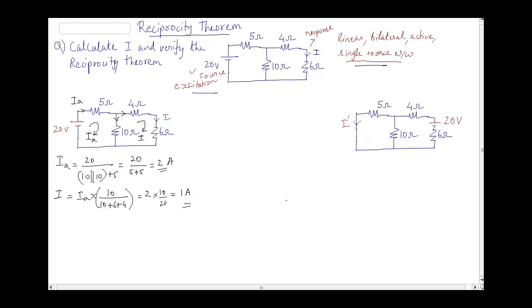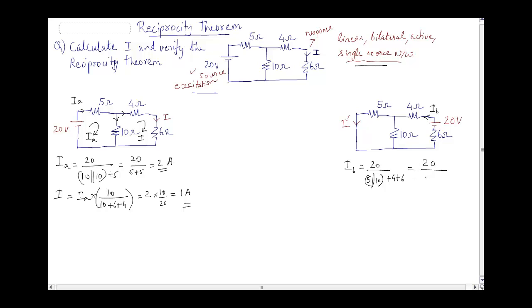Anyway, now here if suppose I am going to consider this as, let's say, IB, then I can say that IB will be equal to 20 volt divided by 5 parallel with 10 plus 4 plus 6.